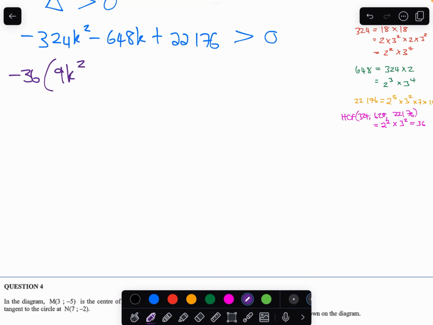And then over here, 2 to the 2 is out, so we're just left with a 2 and a 3 squared here as well, so that's going to be plus 18k. And then over here, we're left with an 8 times 7, 56 times 11, which is 616.